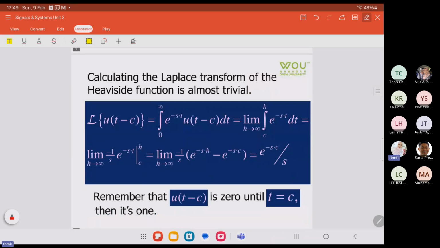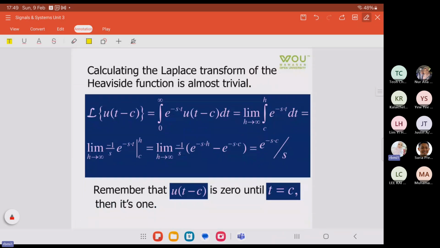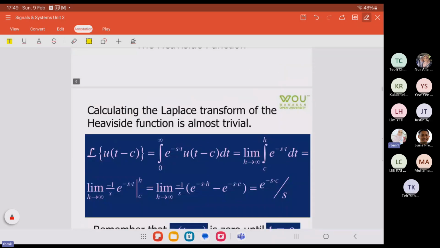Okay, next, if the function f is equal to t, then the Laplace transform of f(t) is equal to 1 over s squared.